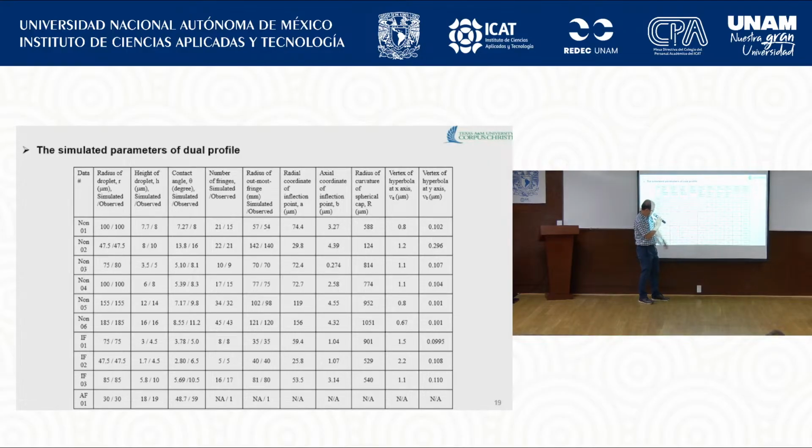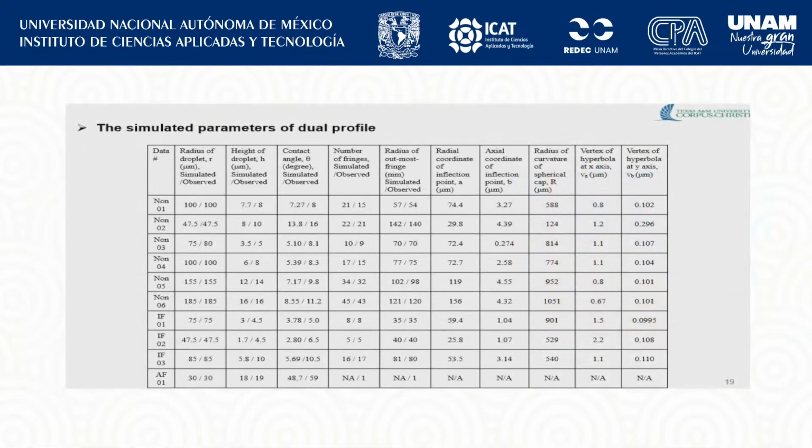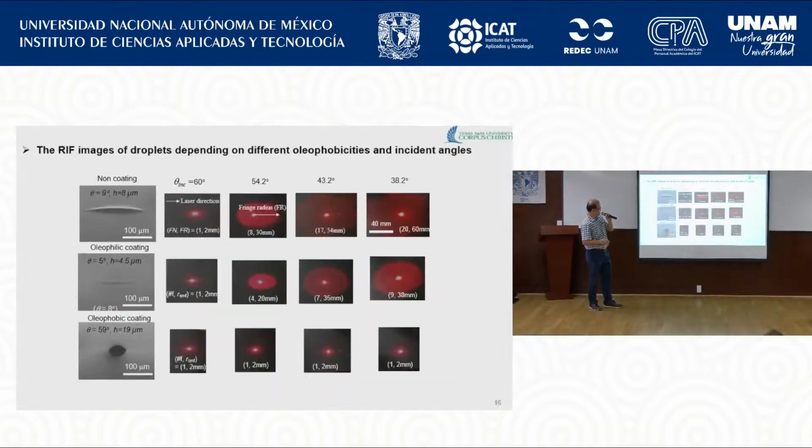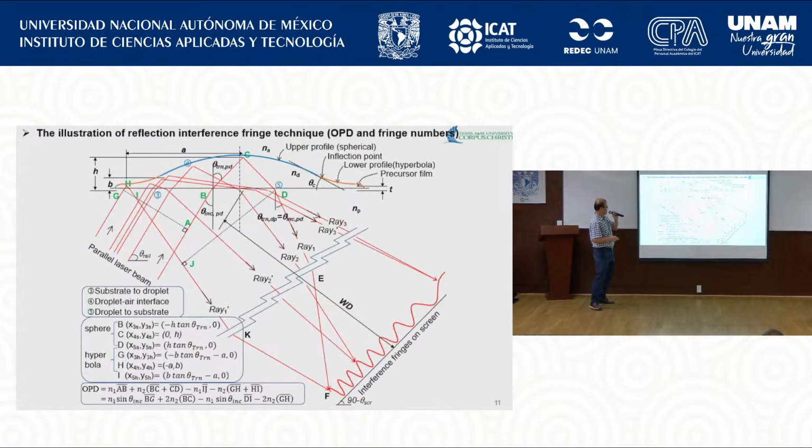It's not perfectly the same, but it shows a very reasonable match. And the other thing I want to tell you is that in the calculation, we used the hyperbolic profile structure.